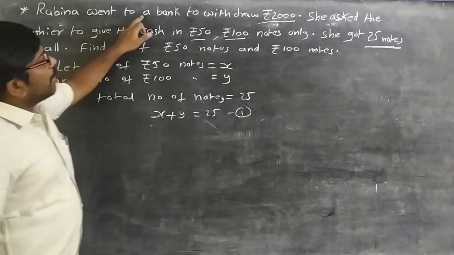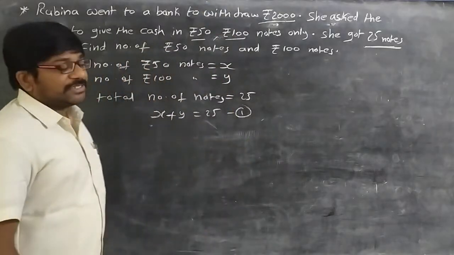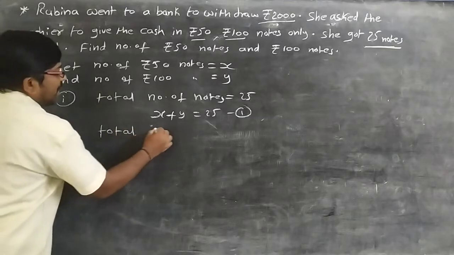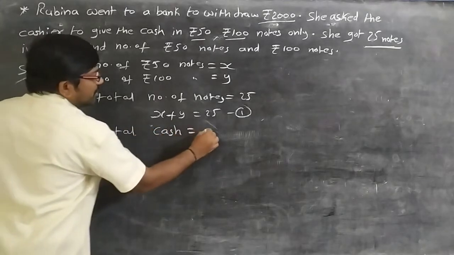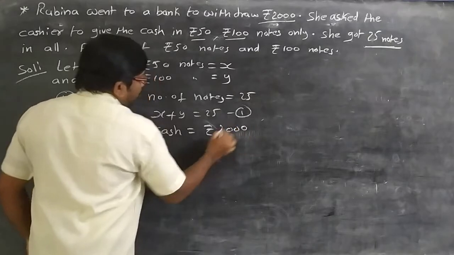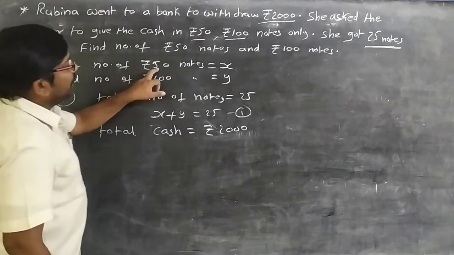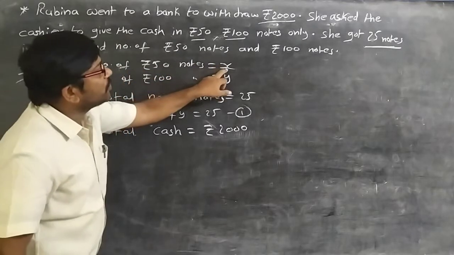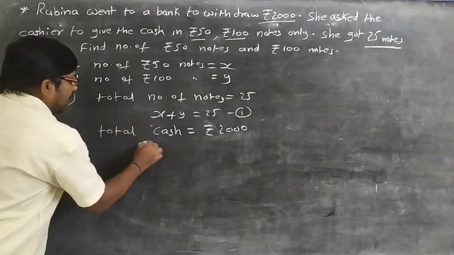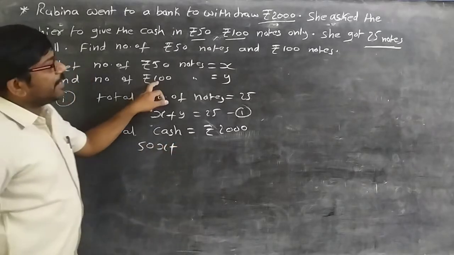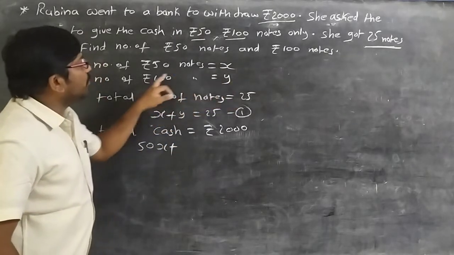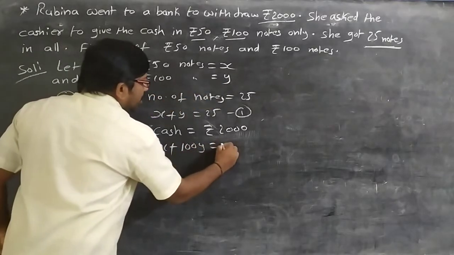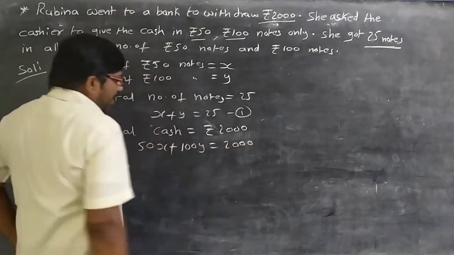So from the total number of notes we get one equation. Next, total money, how much? 2000 rupees. Total cash is 2000 rupees. The value of 50 rupee notes is 50 into x, 50x, plus 100 rupee notes, how many? y, so its value is 100y, is equal to 2000, right?